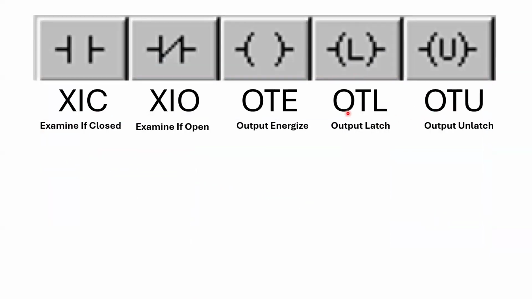So you could have two buttons assigned to trigger the same output. You can have a button that is going to tell the output to turn on and stay, and another button that you press that's going to tell the output to turn off and stay that way. So latch and unlatch.